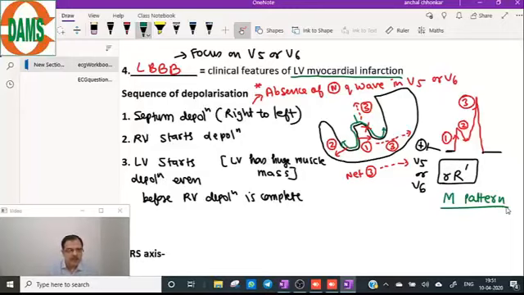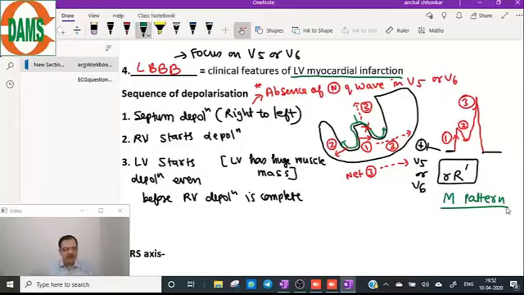Now moving on to the QRS axis, a very important concept. To understand the QRS axis, you should know basic number 3 and basic number 4. Basic number 3 was the galvanometer principle, and basic number 4 was the placement of the ECG leads.